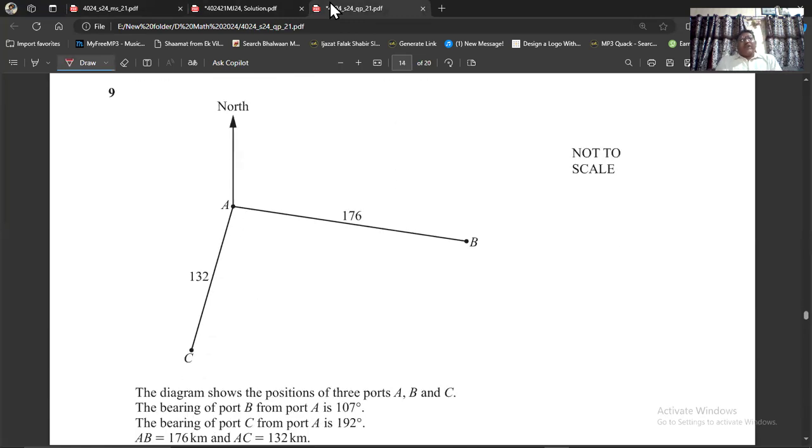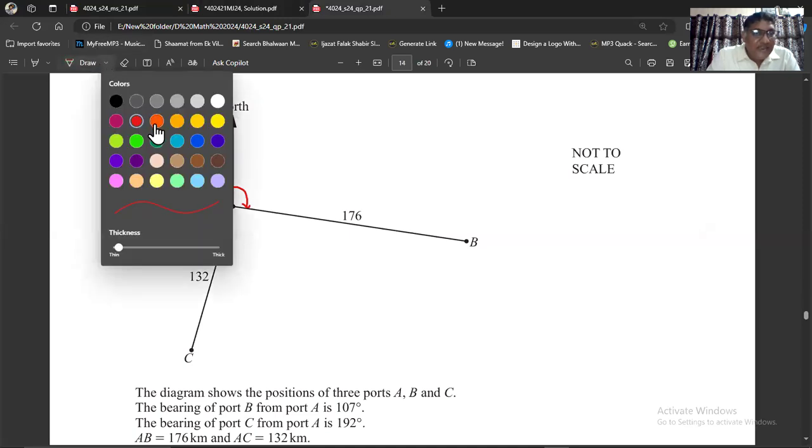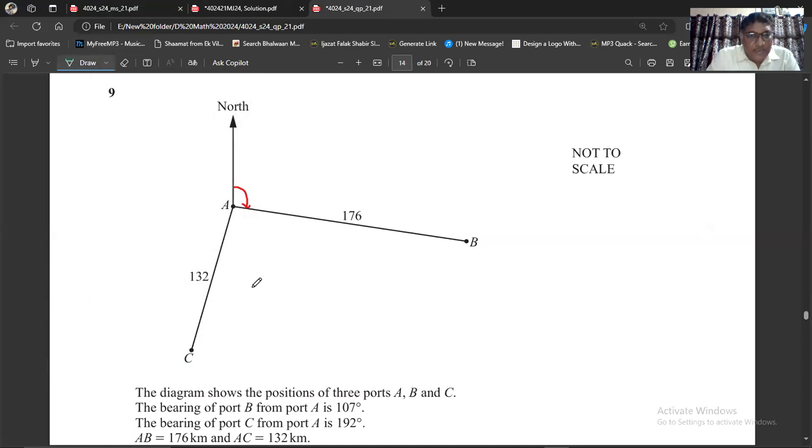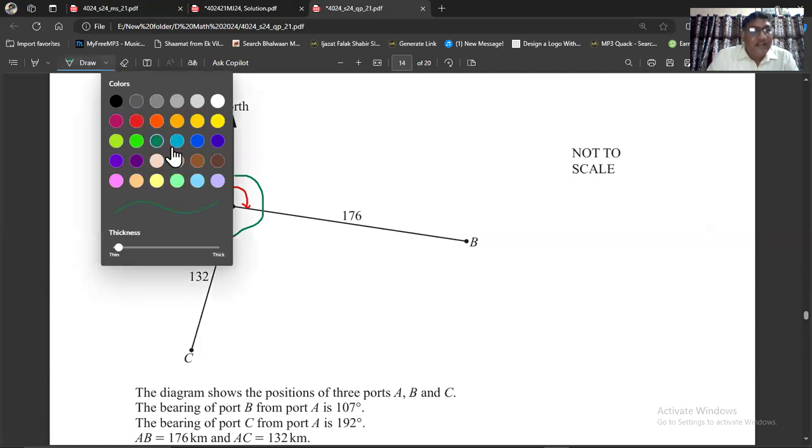Question number 9 on your screen. The diagram shows the positions of 3 ports A, B, and C. The bearing of the port B from A is 107, so this angle here is 107. And then they say that the bearing of the port C from A is 192, so this angle here is 192.